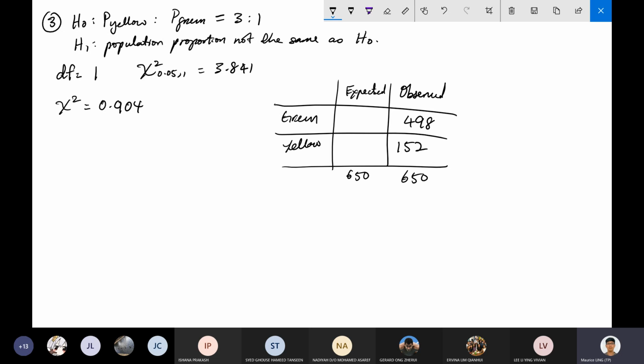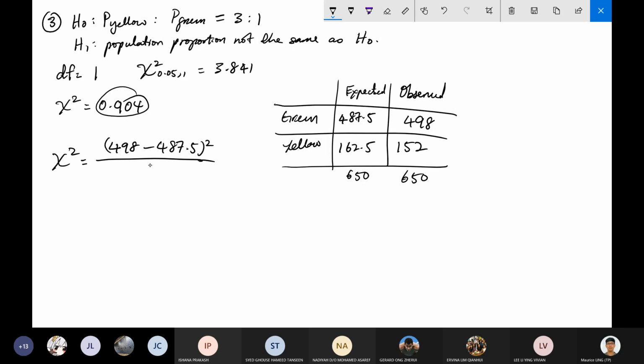So in proportion, you should expect 487.5 and 162.5. Then your chi-square, how do you get this number? It's essentially you take 498 minus 487.5 square divided by 487.5 plus 152 minus 162.5 square divided by 162.5.